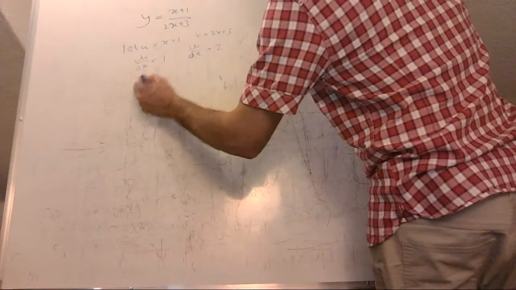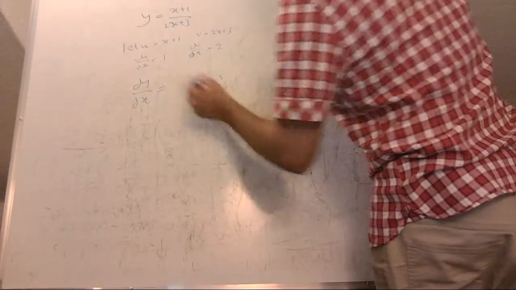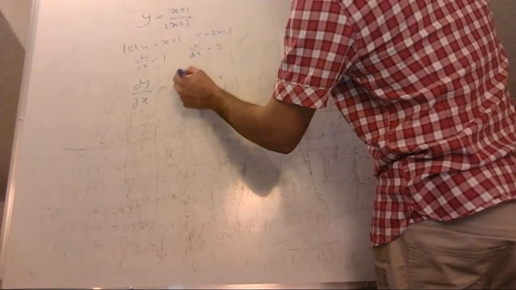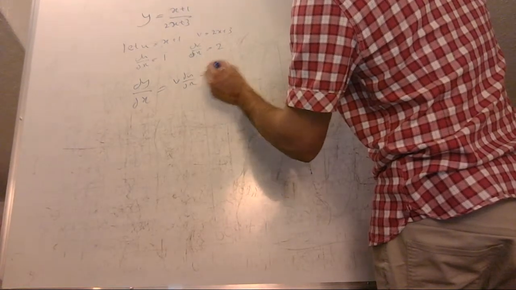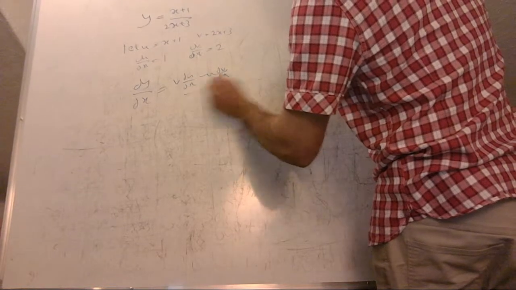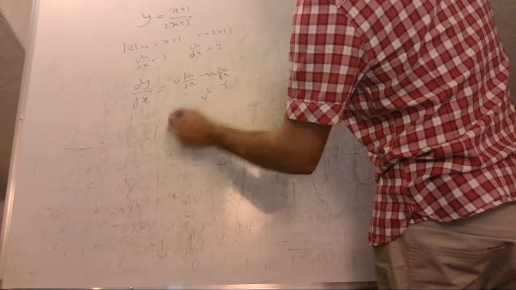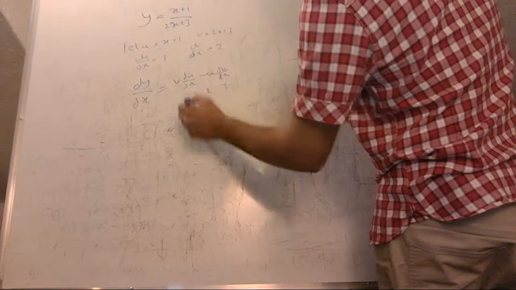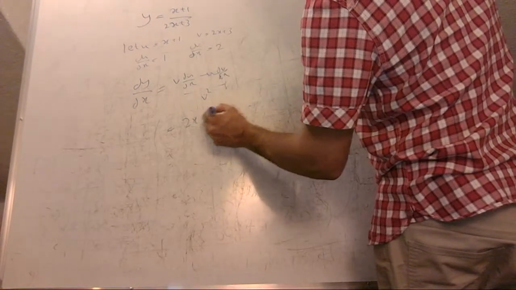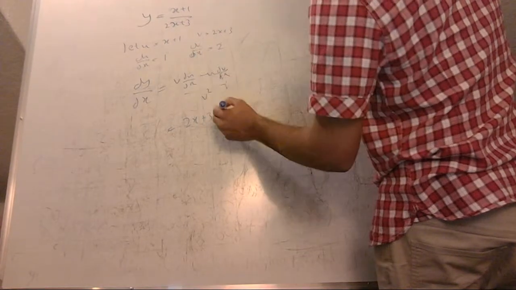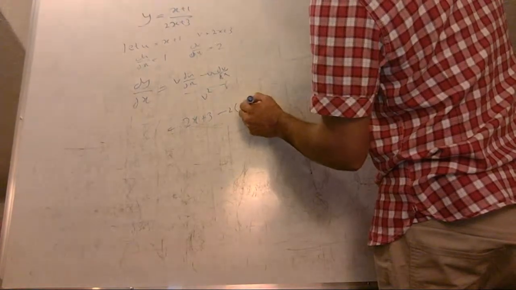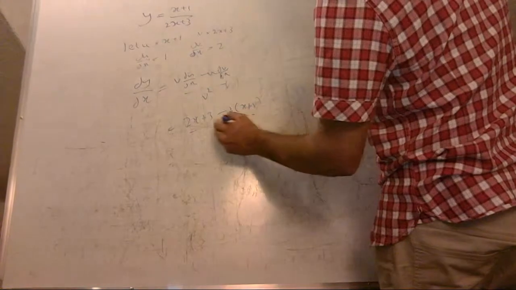So dy dx equals v du dx minus u dv dx all over v squared. So v du dx, that's just going to be 2x plus 3, minus u dv dx, it's going to be minus 2 bracket x plus 1, all over v squared.